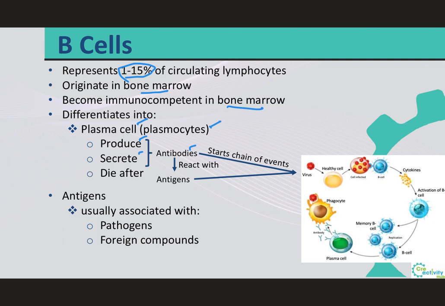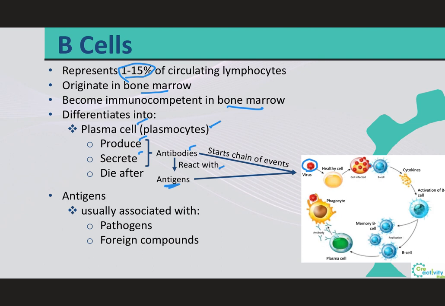These soluble proteins, the antibodies, will react with specific chemical targets called antigens, just like the T cells. And antigens are usually associated with pathogens, parts or products of pathogens, or other foreign compounds.